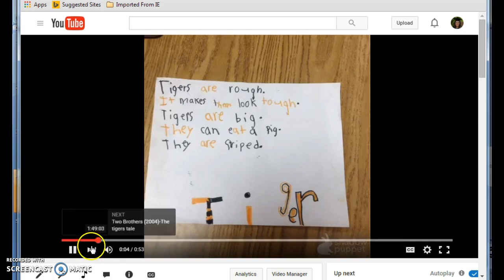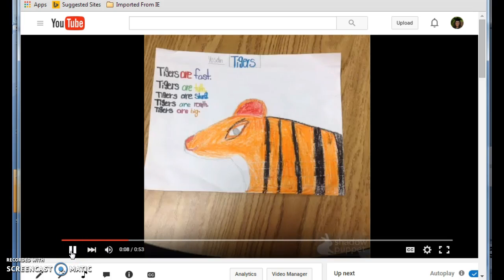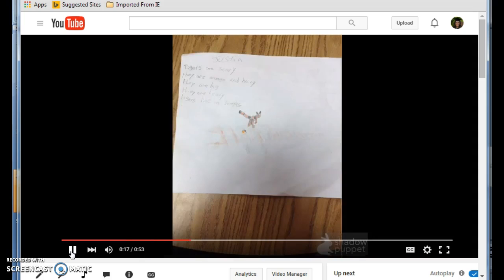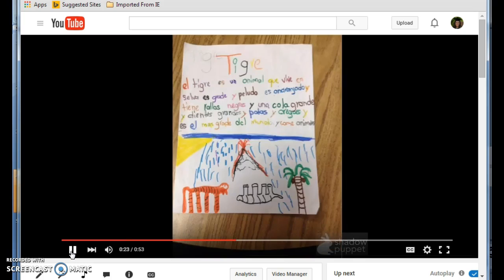Tigers are rough, it makes them look tough. Tigers are big, they can eat a pig. They are striped. Tigers are fast, tigers are tough. Tigers are strong, tigers are rough. Tigers are big. Tigers are scary, they're big, they're heavy. El tigre es un animal peludo que vive en la selva.